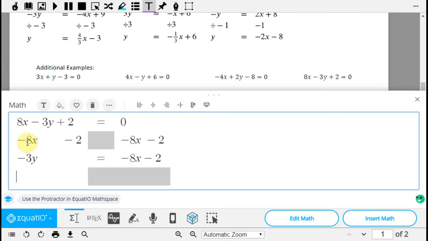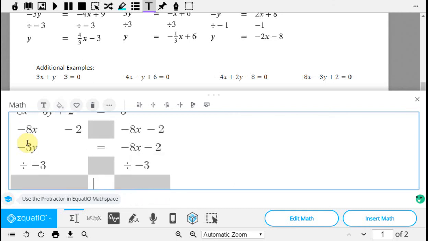We have a minus 3 out in front, or being multiplied. So we want to divide by minus 3 on both sides. That leaves us with 1y, or y equals minus 8 divided by minus 3.